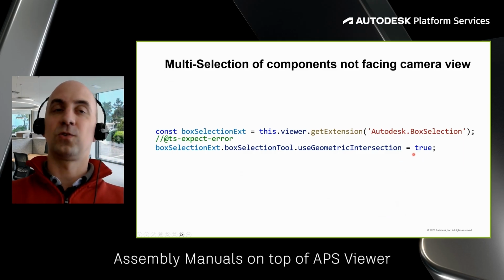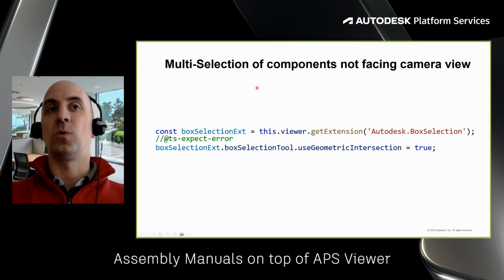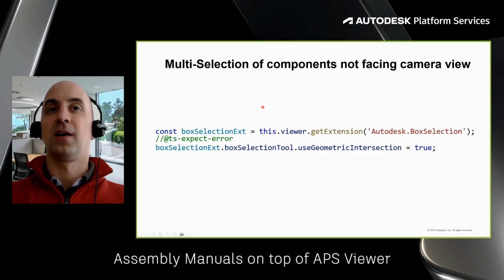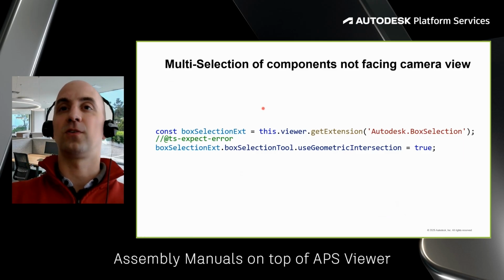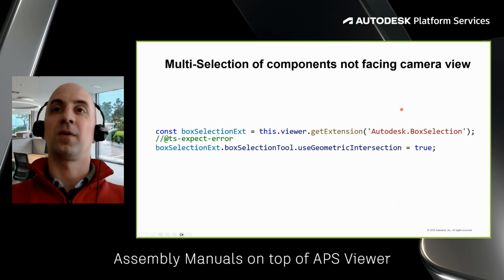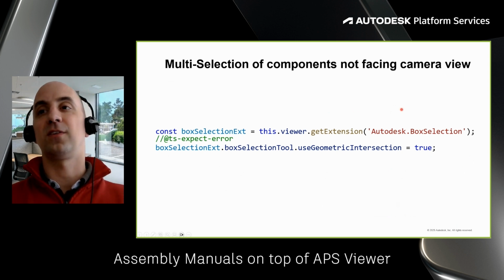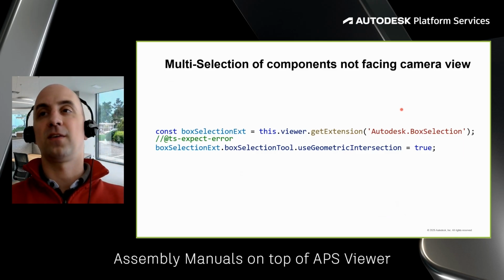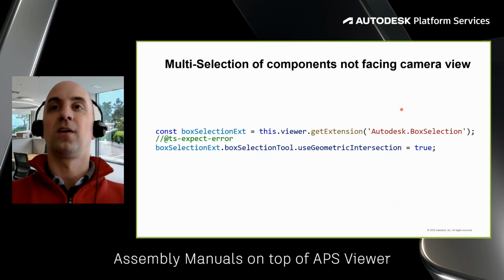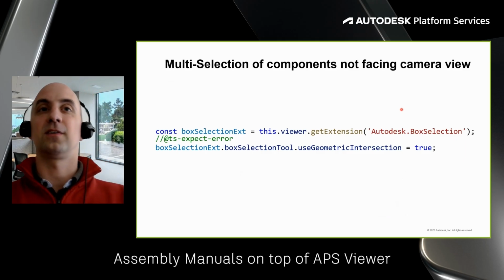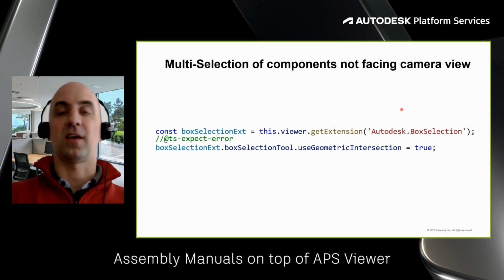If we set it to true, then we can get the effect of multi-selection of components. It also includes the selection of components that are covered behind and not facing the camera, which is often the case with machines and things like that in manufacturing. So this selects all the stuff that the selection box intersects.